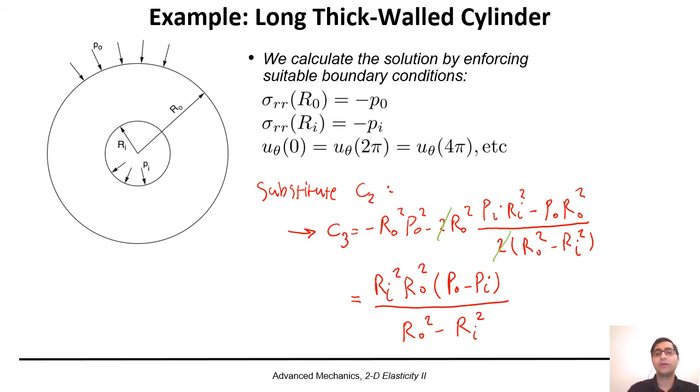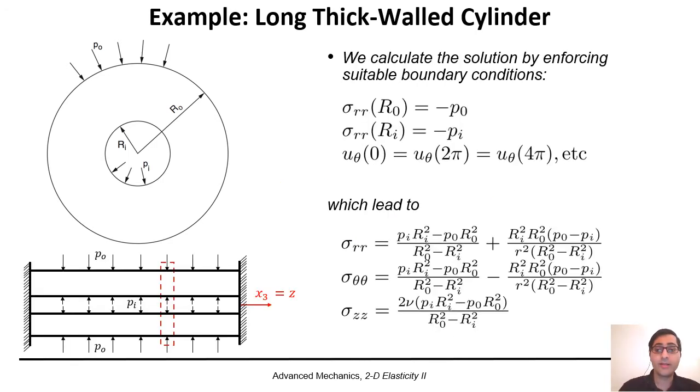Okay, we found C2 and C3, and C1 was 0. So if we substitute for C2 and C3 in the relations for stresses in cylindrical coordinates, sigma RR, sigma theta theta, and sigma ZZ, we end up with these three equations.